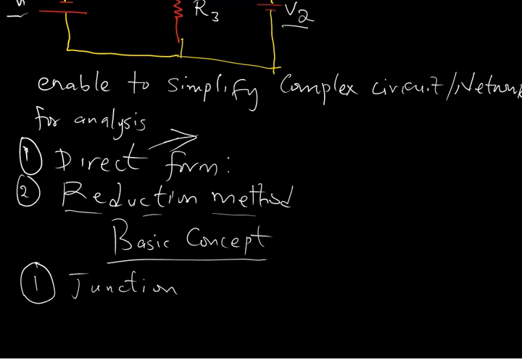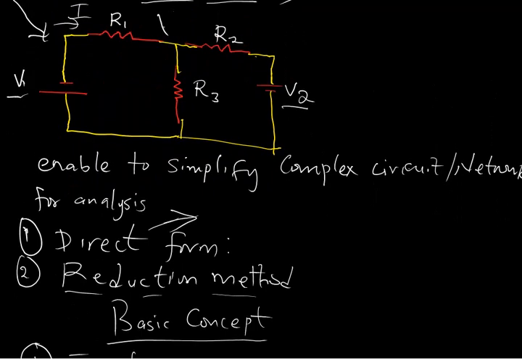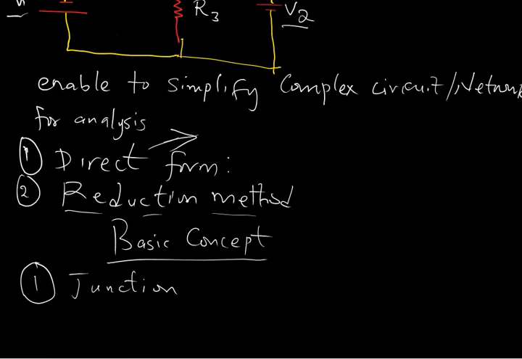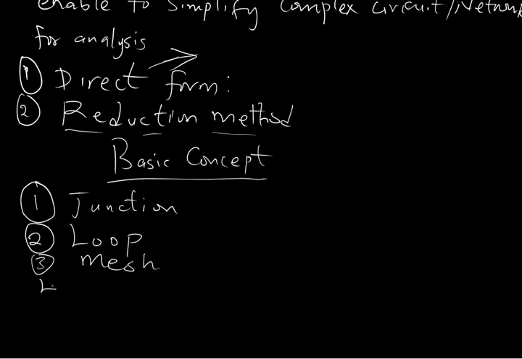Of course, for me to explain that, I will use this circuit here to explain all these parameters. You should also know what a loop is. Then you should know what a mesh is. Okay, you should know what circuit parameters are.